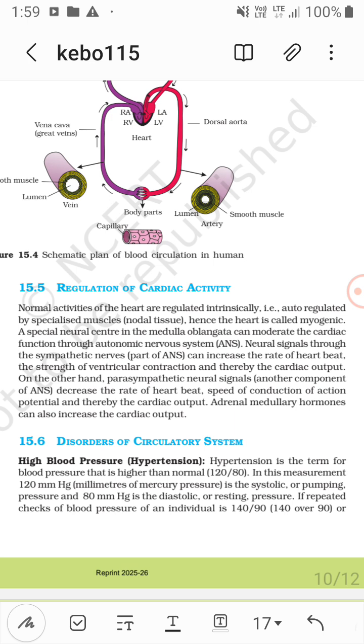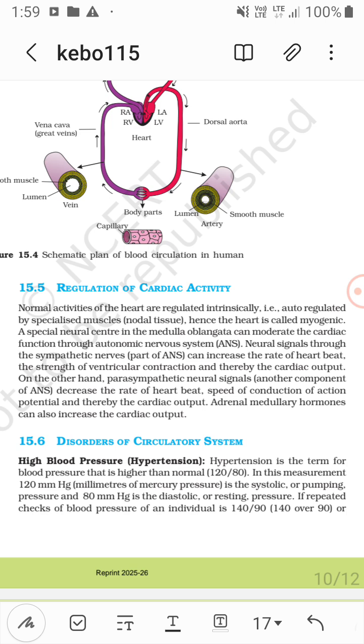Neural signals through the sympathetic nerves, part of the ANS, can increase the rate of heartbeat, the strength of ventricular contraction, and thereby the cardiac output. On the other hand, parasympathetic neural signals, another component of the ANS, decrease the rate of heartbeat, the speed of conduction of action potential, and thereby the cardiac output. Adrenal medullary hormones can also affect the cardiac output.